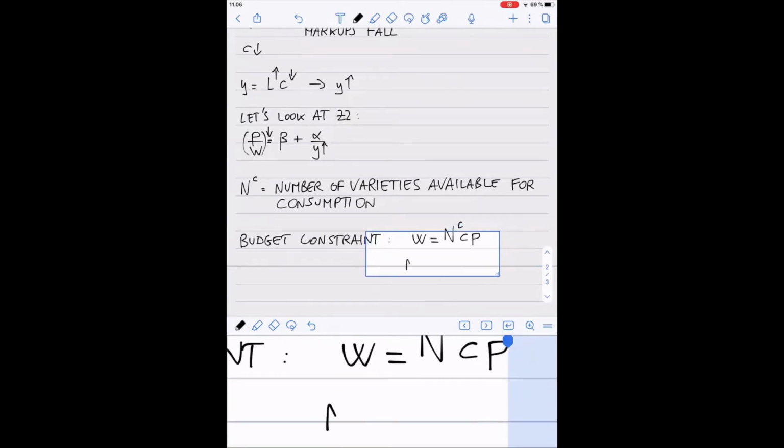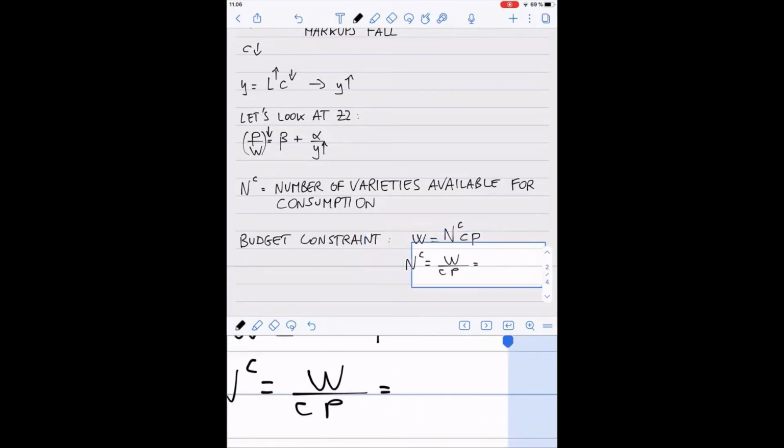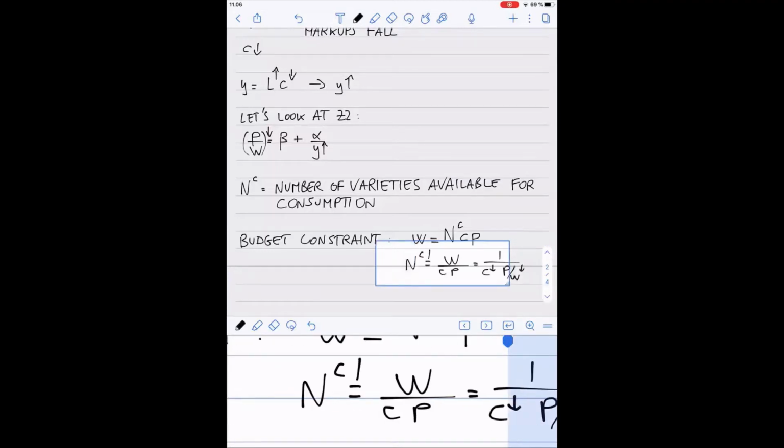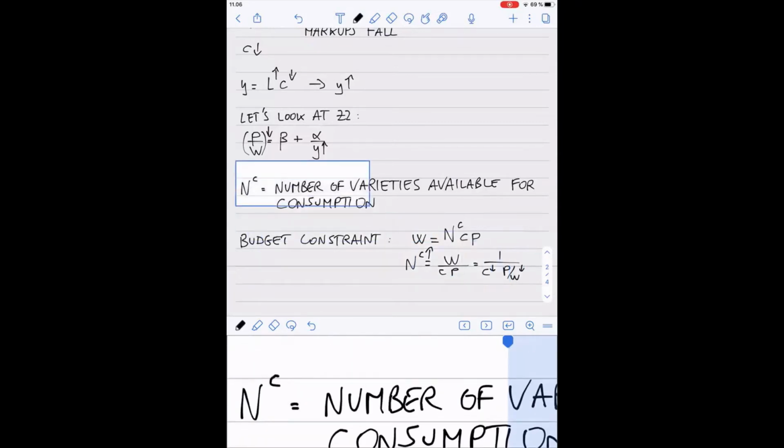So that N_C equals W over CP, which we can also write as 1 over C times P over W. We know that C declines, P over W declines, and so the number of varieties available for consumption increases with trade.